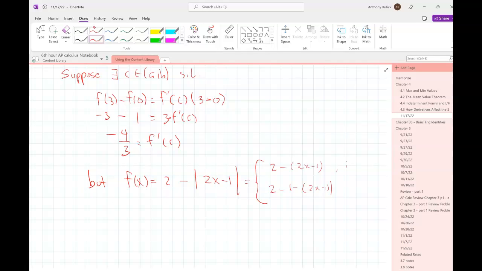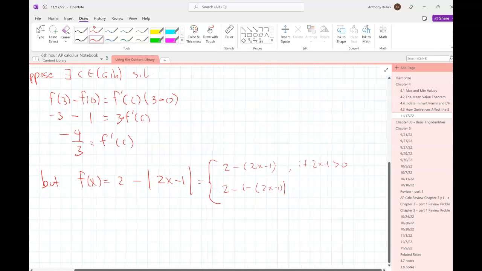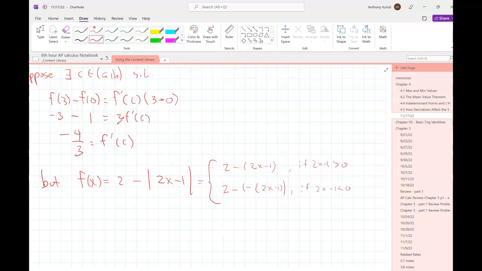And this is true when that stuff in the absolute value is positive, and we would negate when the stuff in the absolute value is negative. Everybody okay with that reasoning?